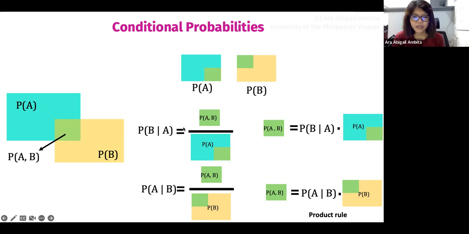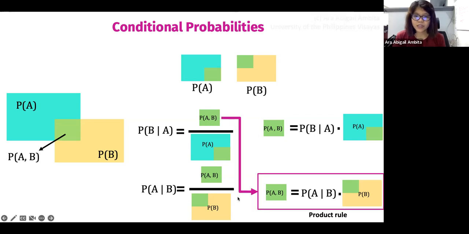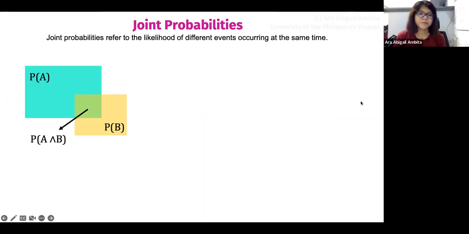Now at this point, what if we are interested in the probability of B given A? Since this is unknown, we can compute that from this equation, in which the joint probability is equal to the probability of A given B times the probability of B, which is computed from this equation. Similarly, if we are interested in the probability of A given B, we can compute the joint probability from this equation also, right?